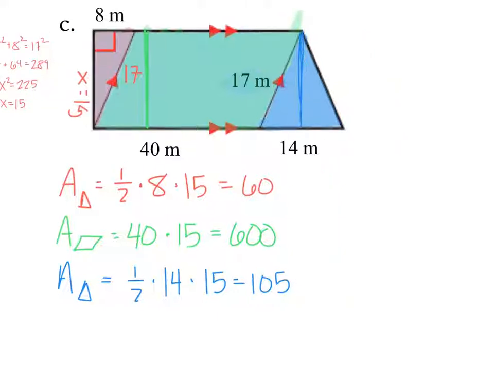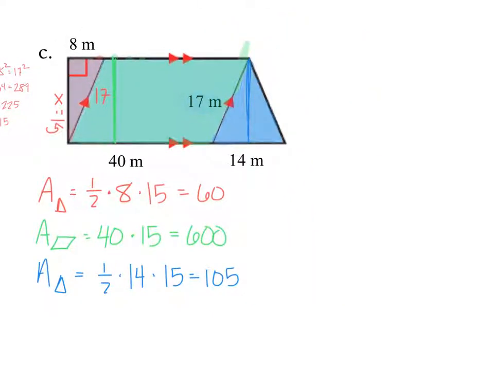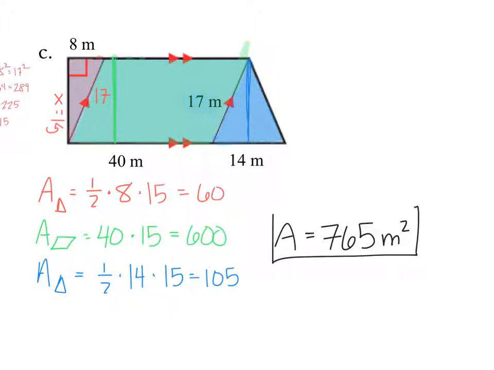And now to find it all, so my area, you just add them all up. So if you split up your figure into multiple areas, then you just have to add them up. So it'd be 765 meters squared. And that is my total area.